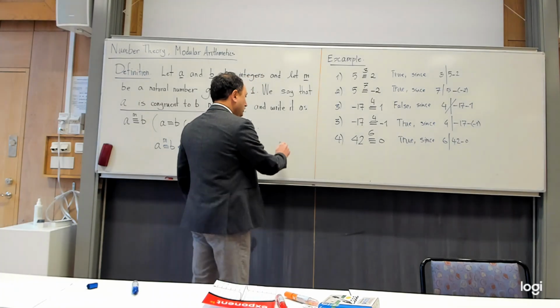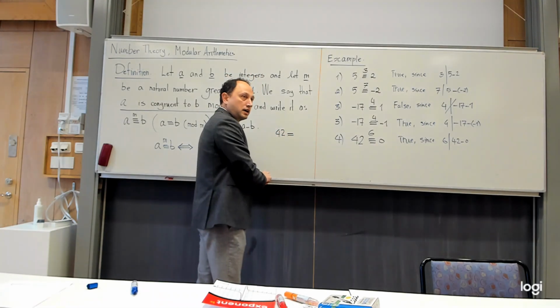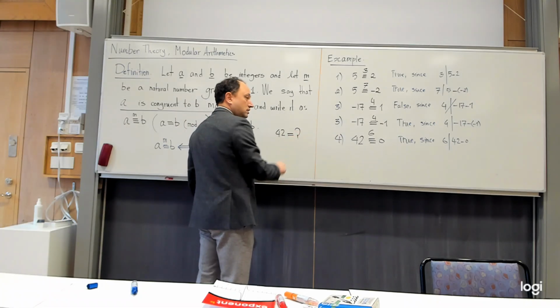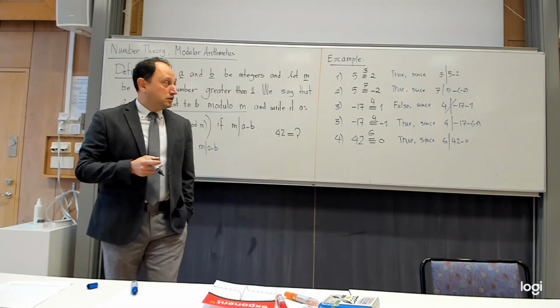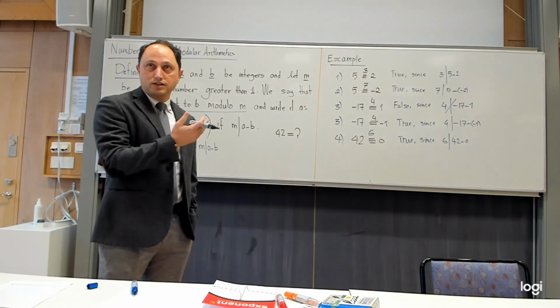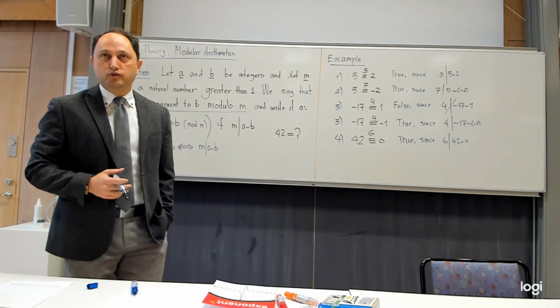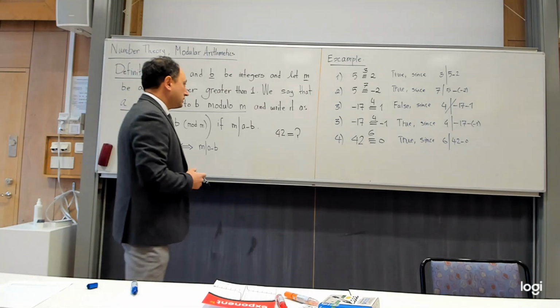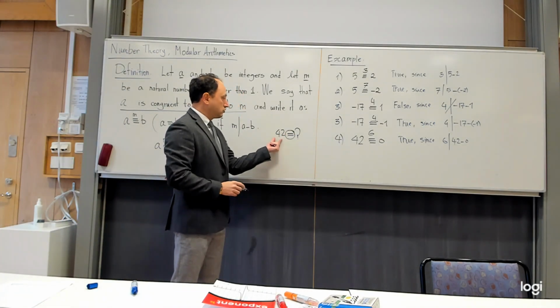If I write 42 and I put an equality sign here and I ask you to put something instead of the question mark, what can you write? Only 42. Yes? Any other thing that you put there, it is wrong. Of course, you might write 84 divided by 2, but that's another name for 42. Yes? So this means that if I want to use this relation, it is very restrictive.